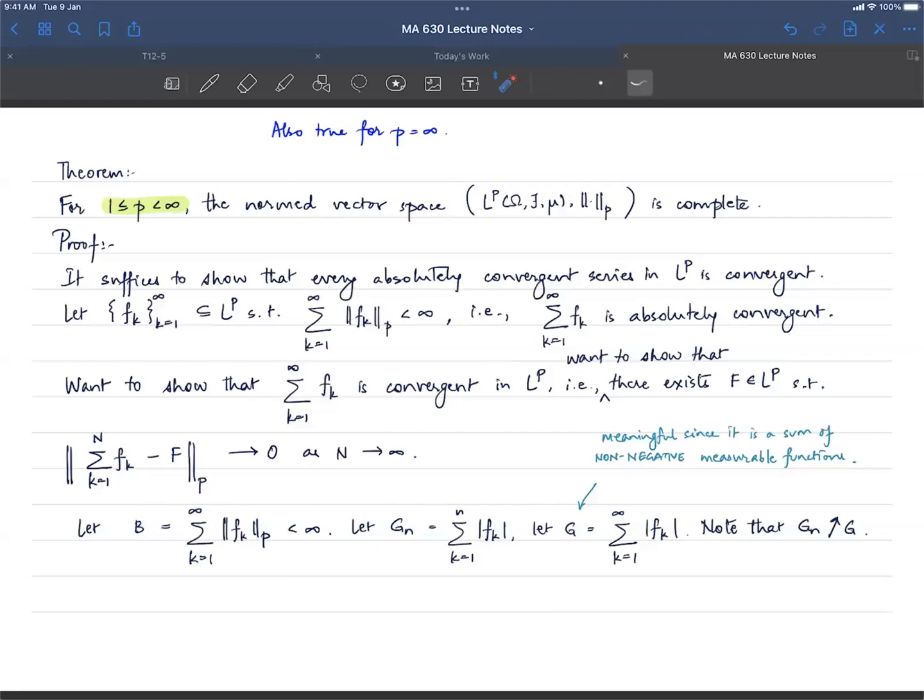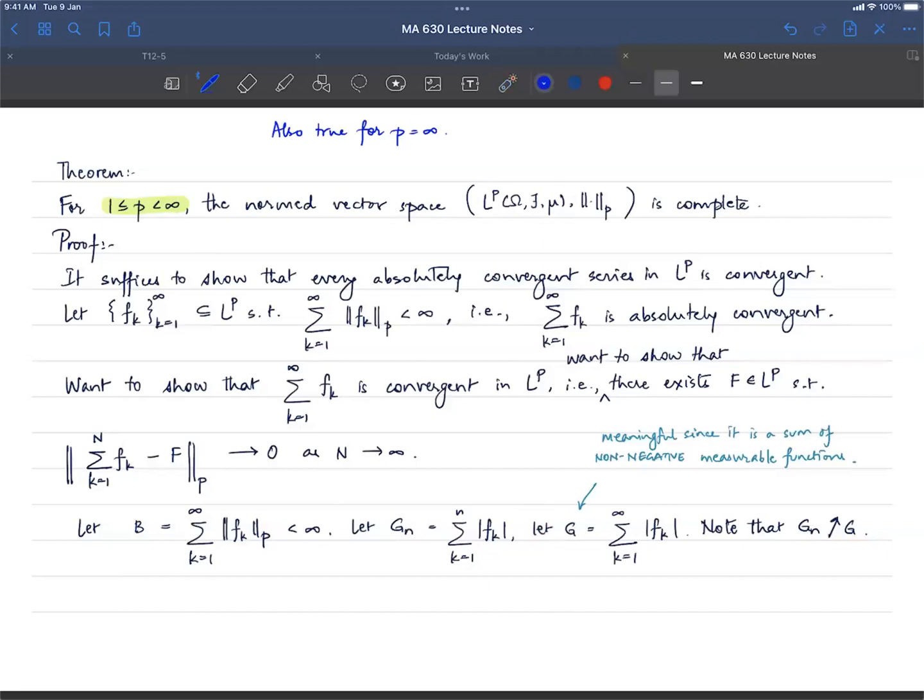If we take the limit as n tends to infinity, it will be G. Why is that? By definition, G is the limit as n goes to infinity of G_n. That is how the infinite sum G is defined in the first place. These are functions, so if you fix any point in omega, G evaluated at omega is defined to be the limit of G_n evaluated at omega. So that's why G_n increases to G pointwise.